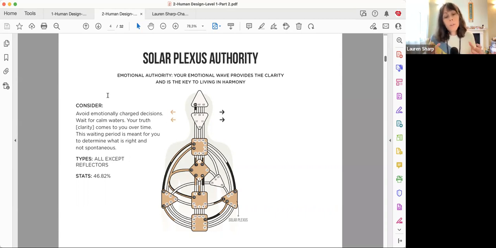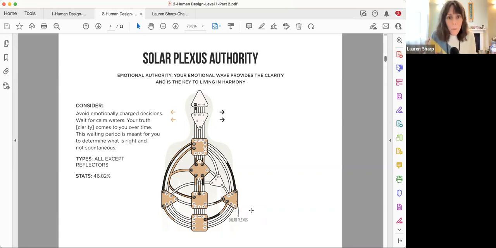So if we start here with solar plexus, the emotional authority, that emotional wave provides that clarity for you. So it doesn't matter if you have one wave or two waves, it doesn't matter what that wave is per se in this example. It is just that, making emotionally charged decisions, saying things in the moment, responding because you're emotional about something.